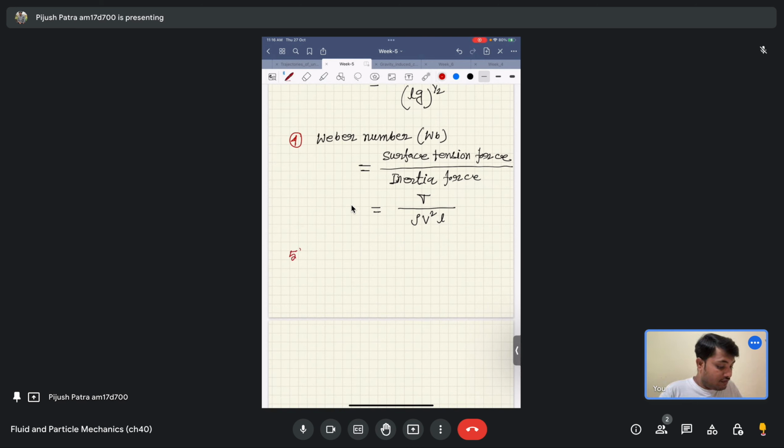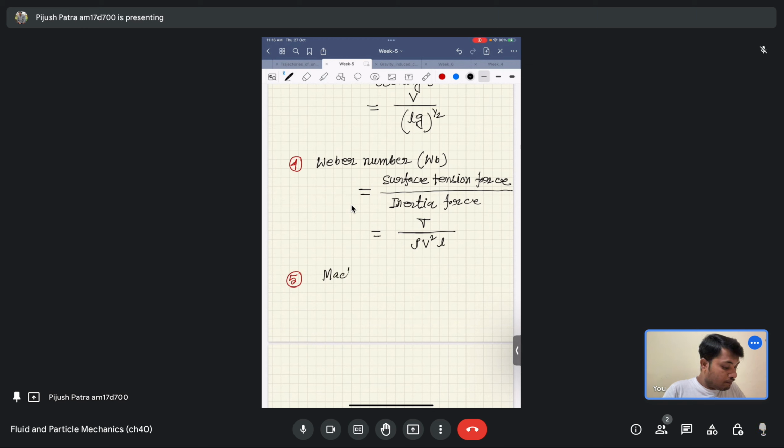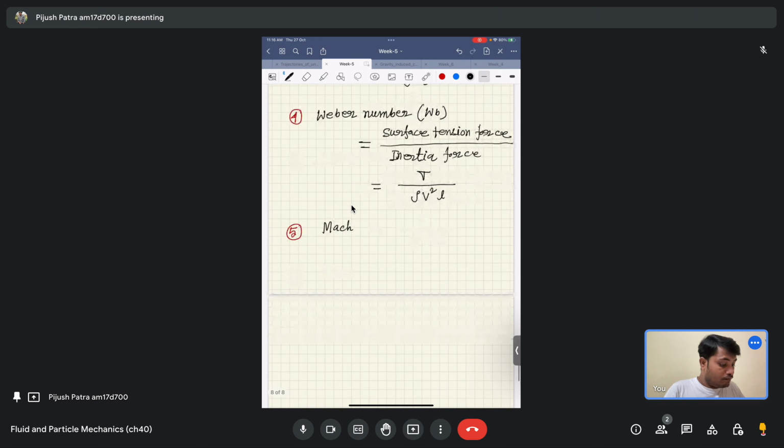Number 5 is the Mach number, which is equal to the inertia force by the elastic force.